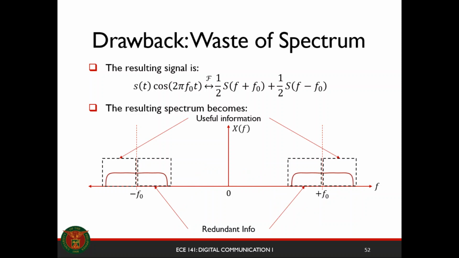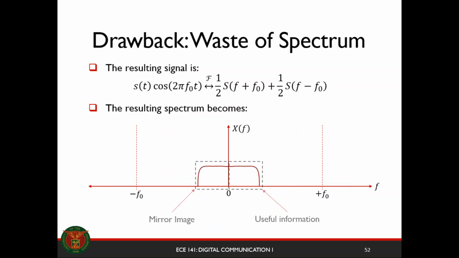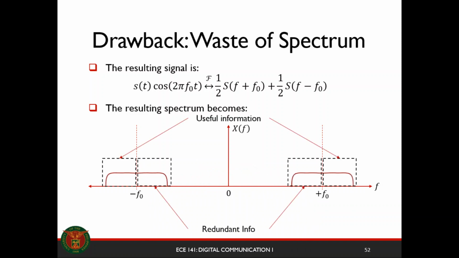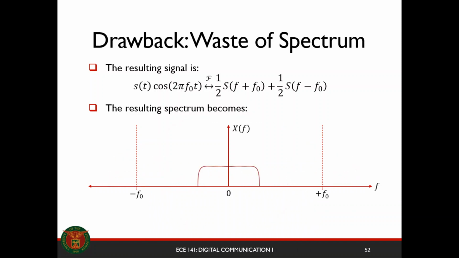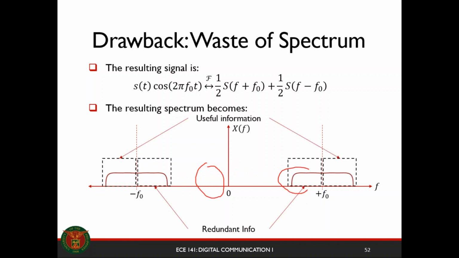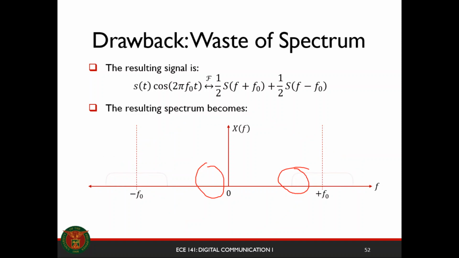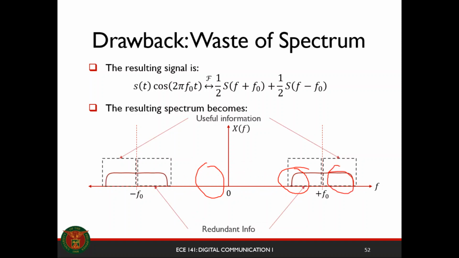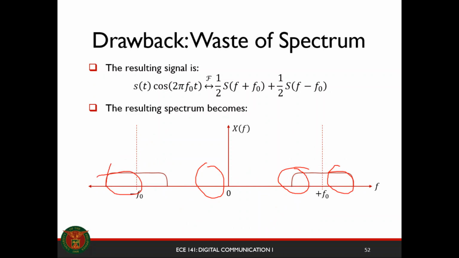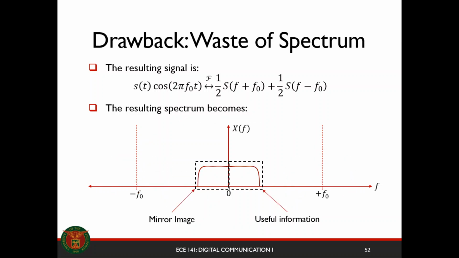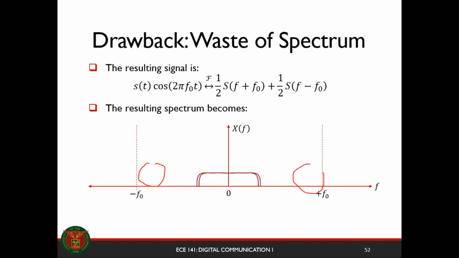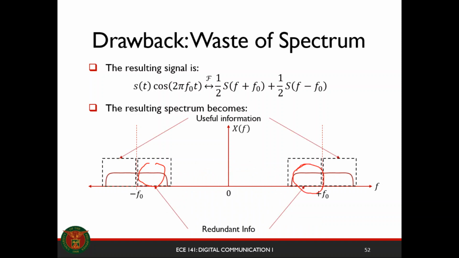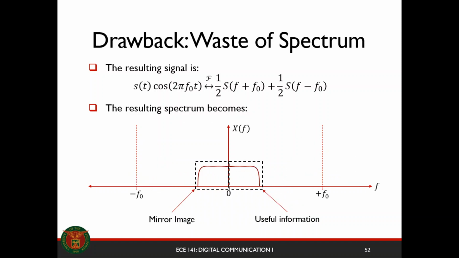So aside from attenuation, you see the original signal is attenuated and then split into 2, and there is image information that will become useless right here. And the only useful information is basically the upper bands right here and right here. Okay, so there's wasted spectrum in these two holes right here. There you go. There's redundant information and waste of spectrum.